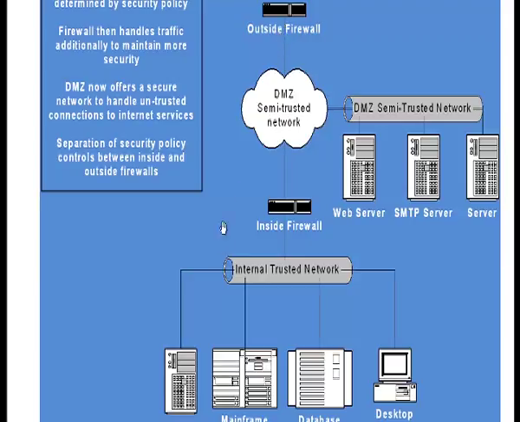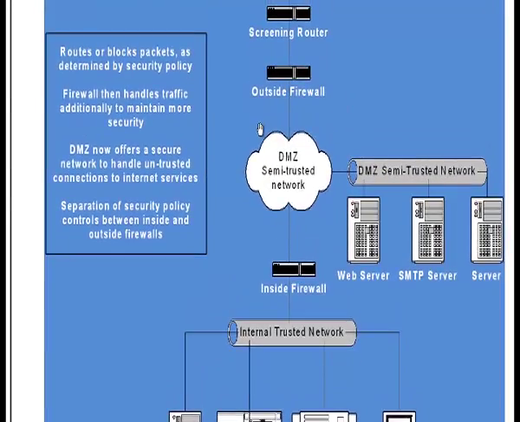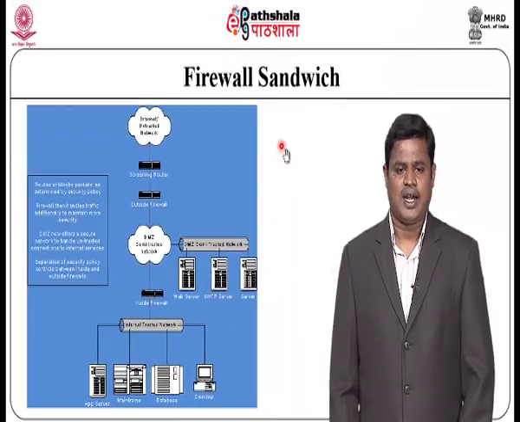I do not want to mix up the internal and external users by having a single firewall, so that I can provide the internal user a less stringent statement of access, whereas for the outsiders I can prevent access. This kind of activity separates the policy between the internal and external attacker.